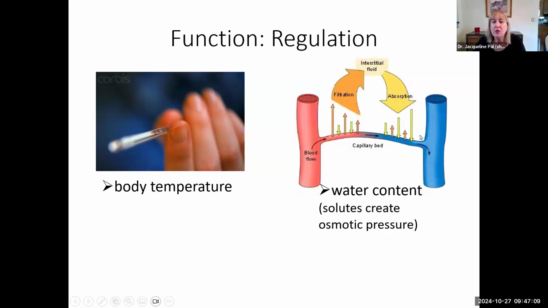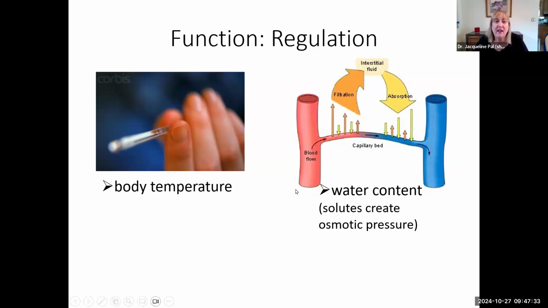Now, due to the other contents in our blood, the solutes, the substances that are in our blood that are not water, this creates an osmotic pressure, which basically sucks the water back into the blood, and we reabsorb it back on the venous side.